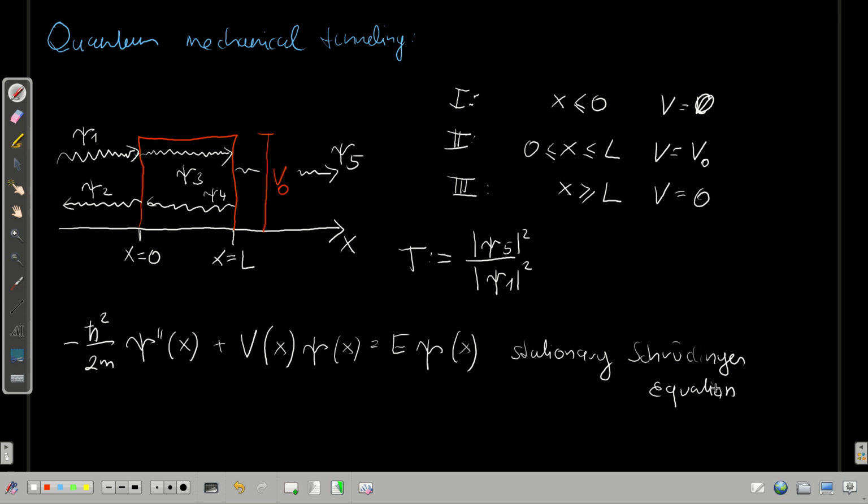So the third thing I would like to do is reduce this second order differential equation, the Schrödinger equation, to two linear first order differential equations. Therefore, I define phi equals psi prime.